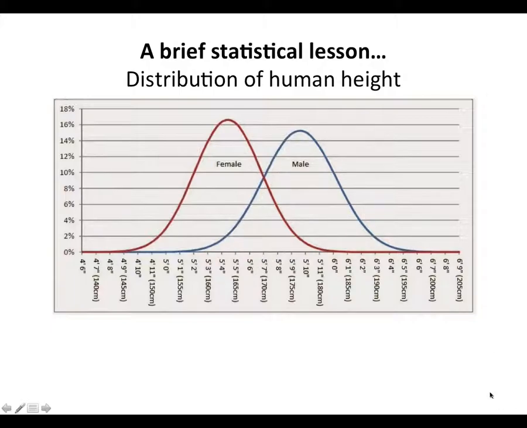Who on average is taller? Males. Yeah, males. And you're probably going, well, I knew that. Well, now we have numbers. And this is a pretty accurate representation of the amount of women and men at a particular height in our population. Do you think we measured every person on this planet to get these curves?